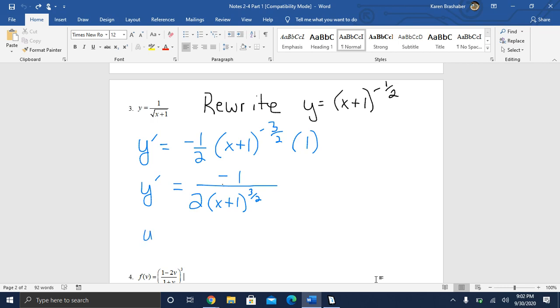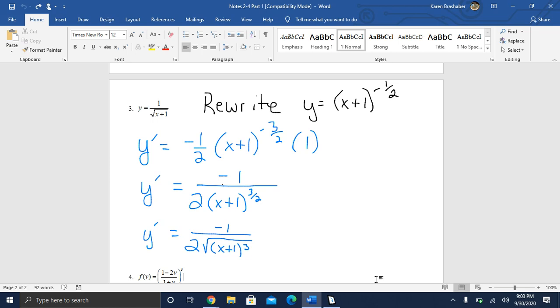You could switch that back to a radical if there was something that you needed to simplify using a radical. So all of those would be equivalent forms. So sometimes you still do have to rewrite and then do your derivative.